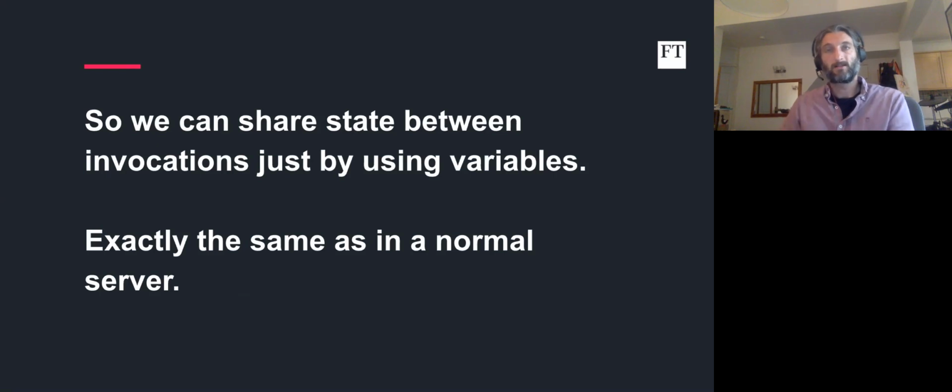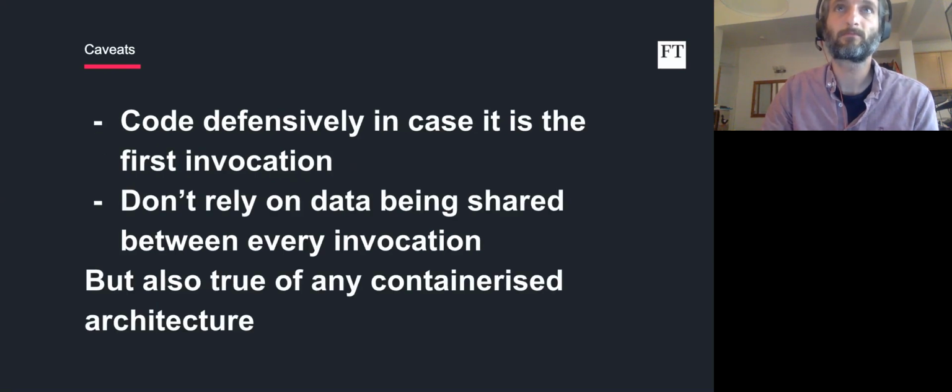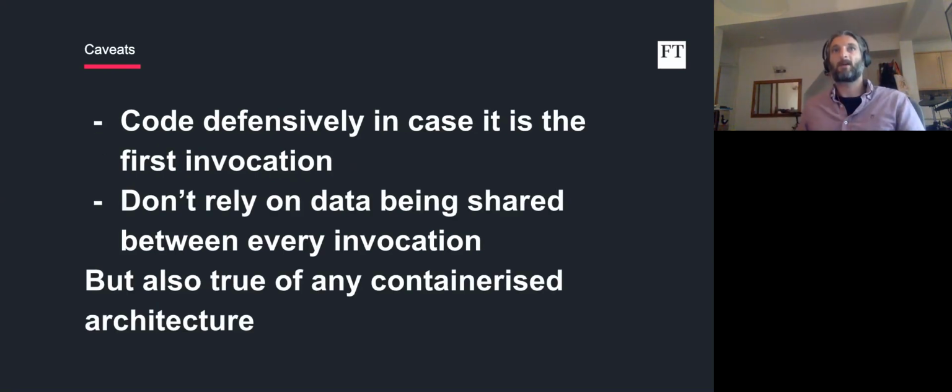So it really looks like we can share state between invocations just by using variables, which is pretty much the same as running a persistent server. Now, there are some caveats to this. Your event going to Lambda might be the first one it's handling, so not everything may have been set up yet. So before you assume some variable has some state in it, check that it does.